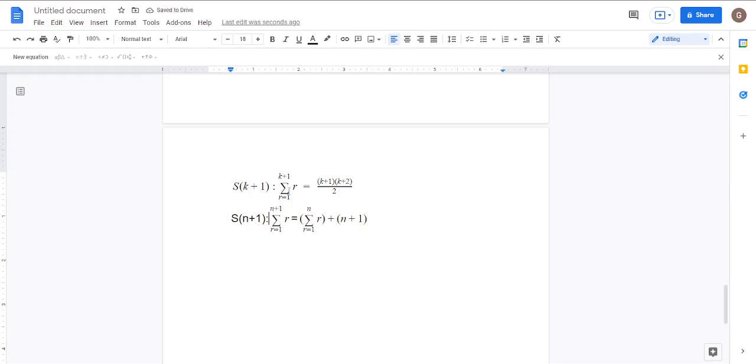You can see that these are the same thing, just that we replaced the k. If this is S of k plus 1, it should be the sum of r equals 1 to k plus 1 of r. So the same thing will be here. So S of n plus 1 is the same thing as the sum of r equals 1 to n plus 1 of r. We can see that they're basically the same thing but with a different letter.